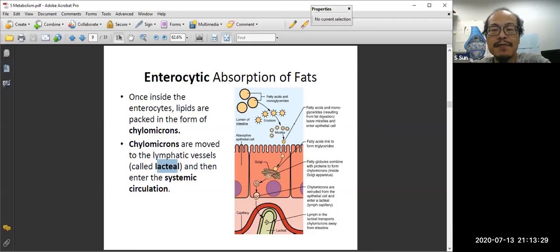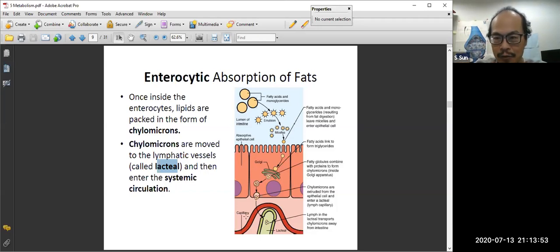And then the lymphatic vessel will, in the end, flow back to the vein, and then flow into the vein and go into the systemic circulation. And over there, it will form lipoprotein. So from the HDL to LDL, triglyceride will be absorbed into the cells.